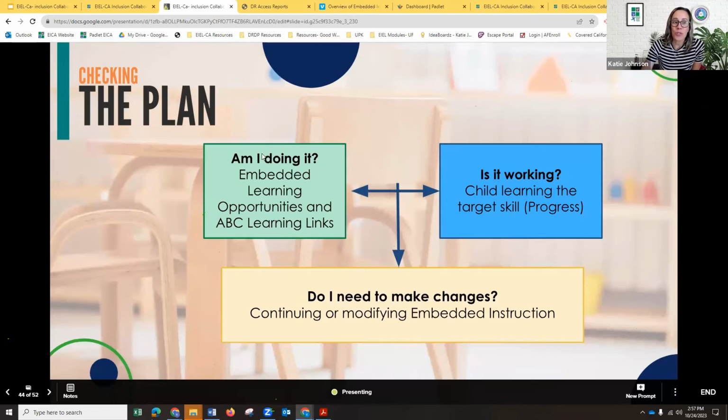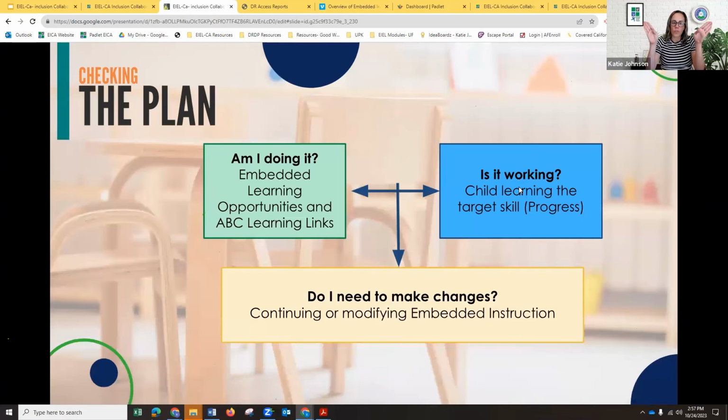I have to look at those two pieces because many times what the research shows us is that we say, oh, this intervention is not working, but really we are not implementing it as we planned to, so it can't work. And then we want to look at, is the kiddo making progress? So we're looking at the teacher behavior and the implementation, and we're looking at the child progress.